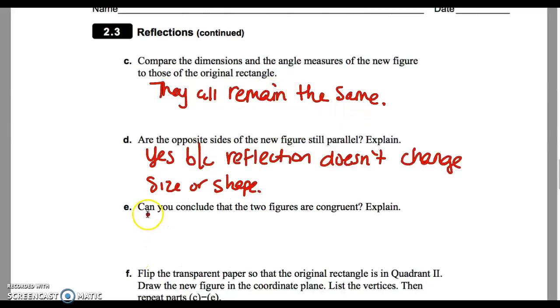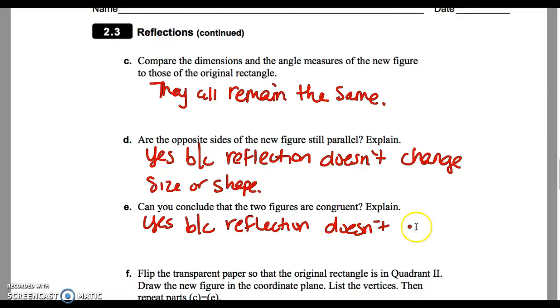Okay? And then E, can you conclude that the two figures are congruent? Yes. Because, and I'm going to use the same explanation. Reflection doesn't change size or shape. Okay?